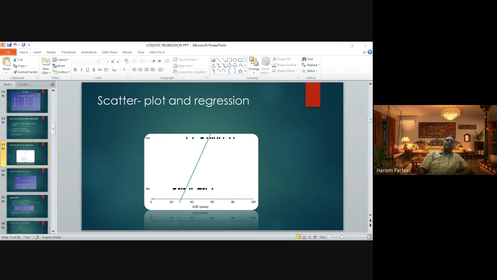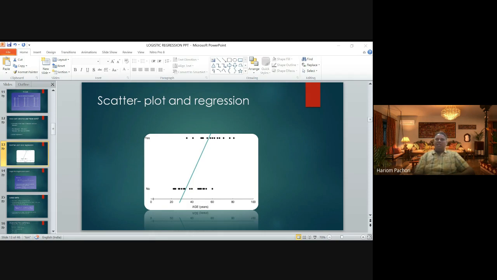This is about the logistic regression. What is the logistic regression function? It is denoted by probability of y equals 1 equals 1 divided by 1 plus e to the power minus (beta naught, beta 1 x1, beta 2 x2, beta 3 x3, up to beta k xk).